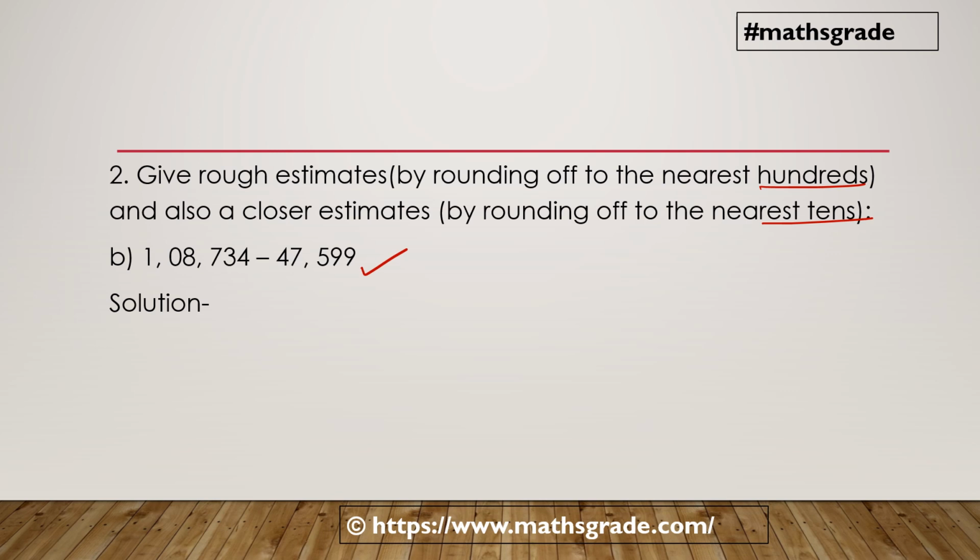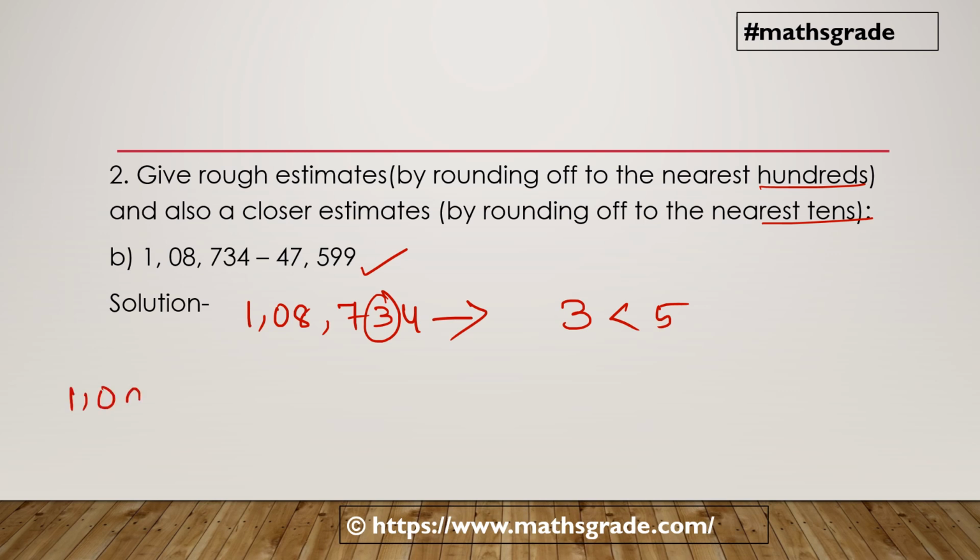1,08,734. In this number, the tens place digit is 3 and 3 is less than 5. So don't add 1 to the hundreds place digit, write down 7 as it is and write down 0 in the tens place and unit place digit, that is 3 and 4 change to 0.